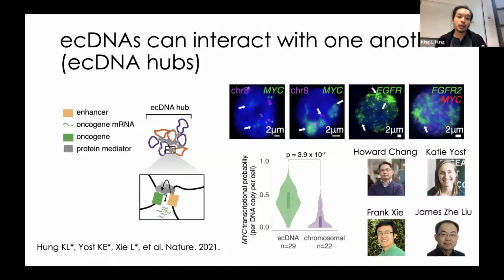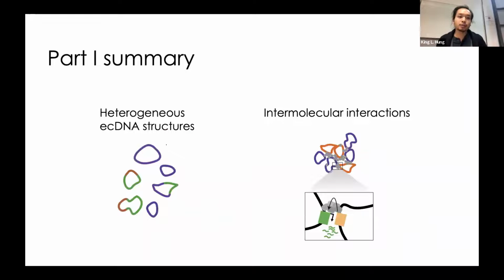So we think these heterogeneous ecDNA structures can encode different oncogenes, but also carry different enhancers and maybe other non-coding regulatory elements. And intermolecular interactions can allow them to further upregulate oncogene expression in cancer.